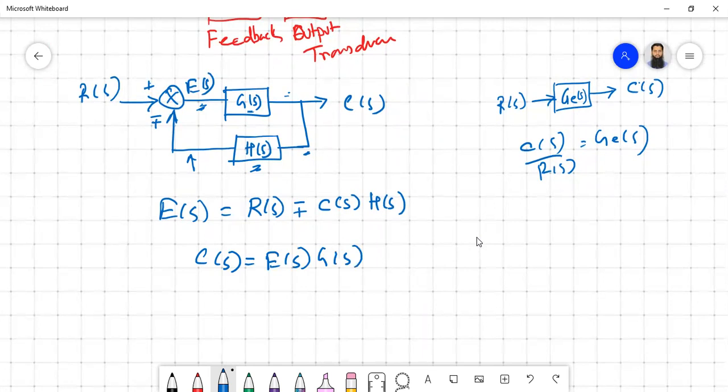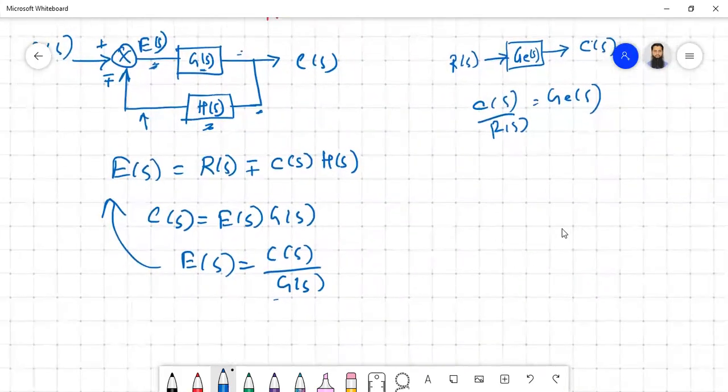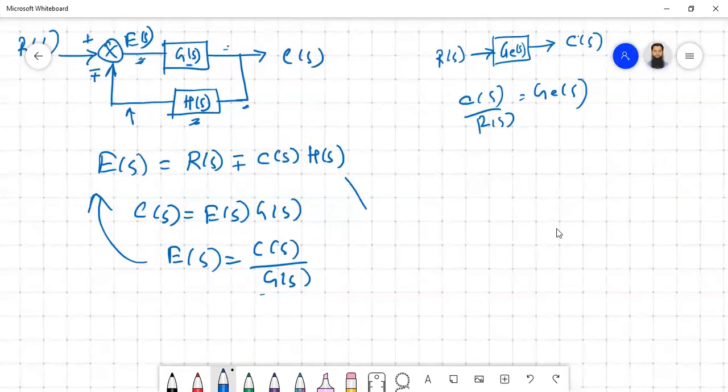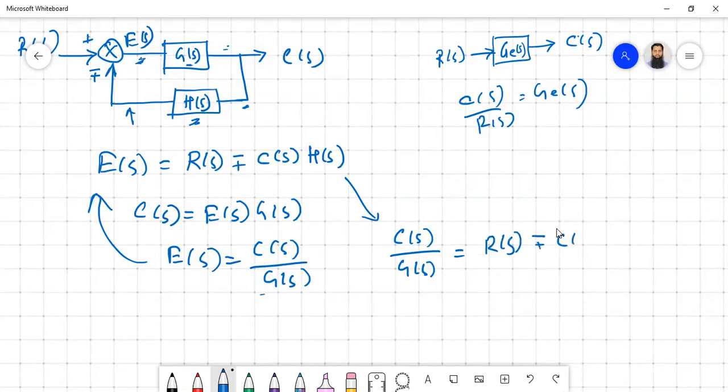So we can replace the value of ES, which can be written as CS by GS, and put it into this equation. What we get is CS by GS equal to RS minus plus CS HS.